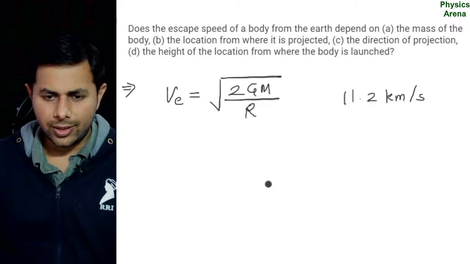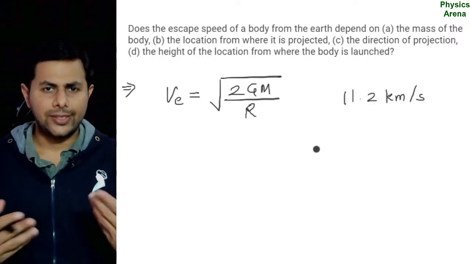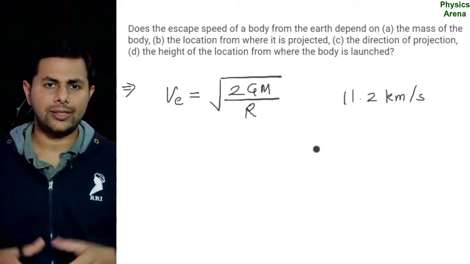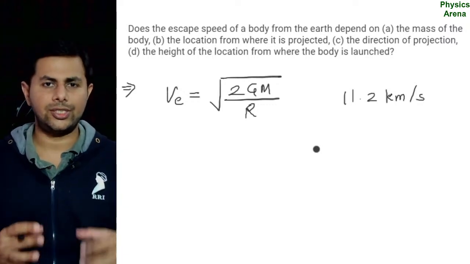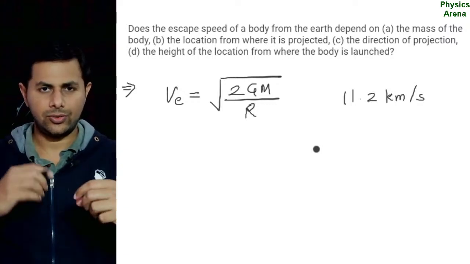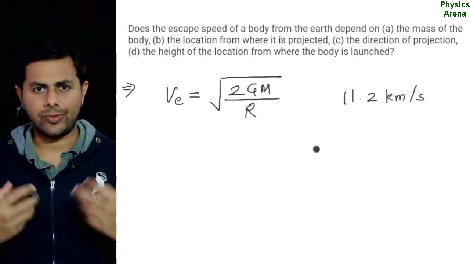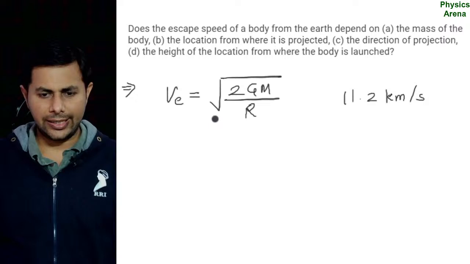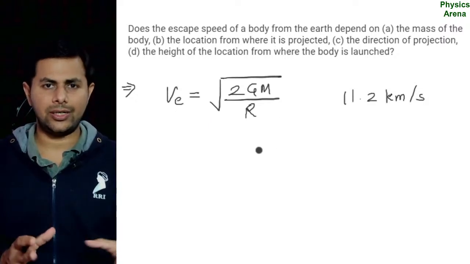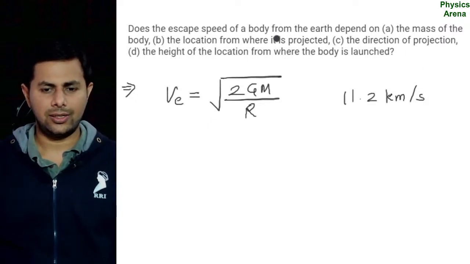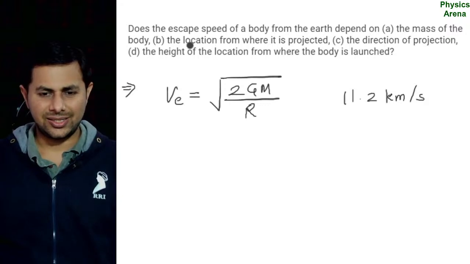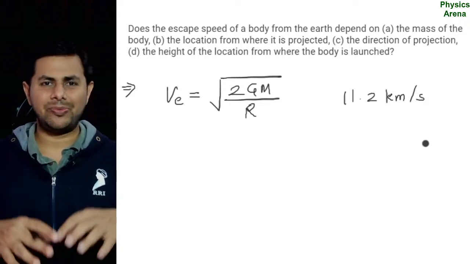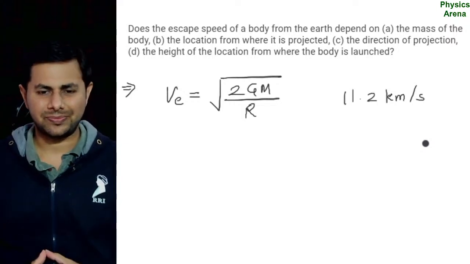So the acceleration due to gravity changes, the gravitational force changes, and the binding energy, the energy required to make a body escape from earth's gravitational bounds, will also change. So escape speed does depend on the height and not the other things. Now you might ask that the height will be different on different parts of earth's surface.